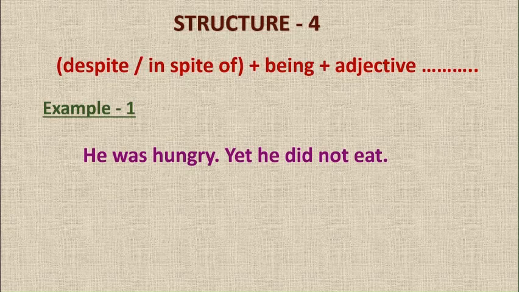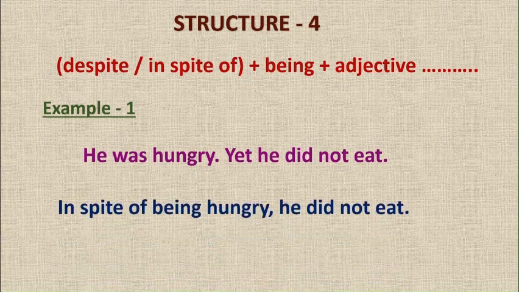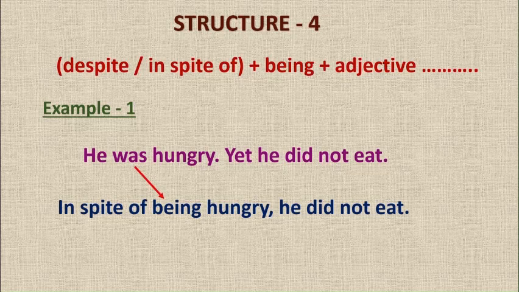Let us see how to combine these two sentences using structure 4. In spite of being hungry, he did not eat. We began the sentence with in spite of, then we changed was into being, then hungry. We did not change hungry into hunger here because, look at the structure, being is always followed by an adjective.